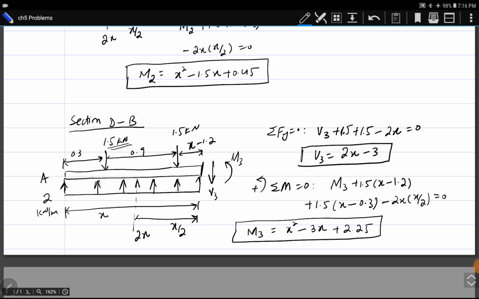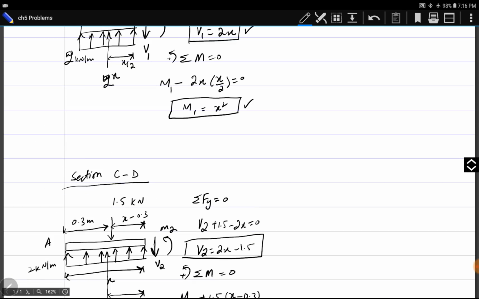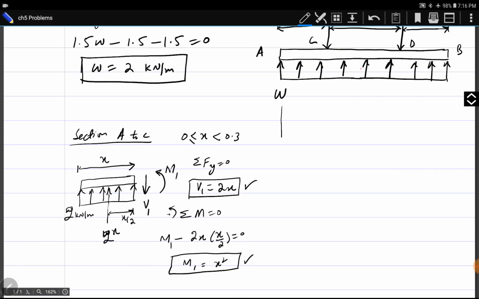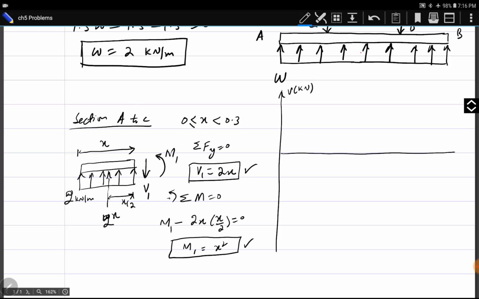So we have derived expressions for shear force and bending moment in the three sections. Now we will draw the diagrams. Shear force diagram in kilonewtons. In section A to C, when x is equal to 0, V1 becomes 0.